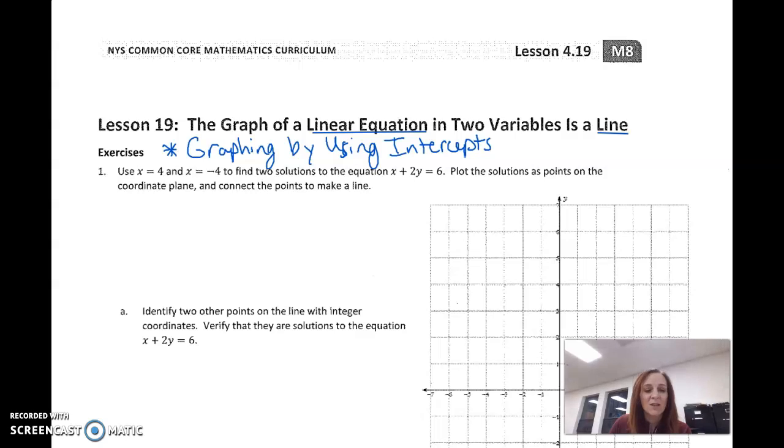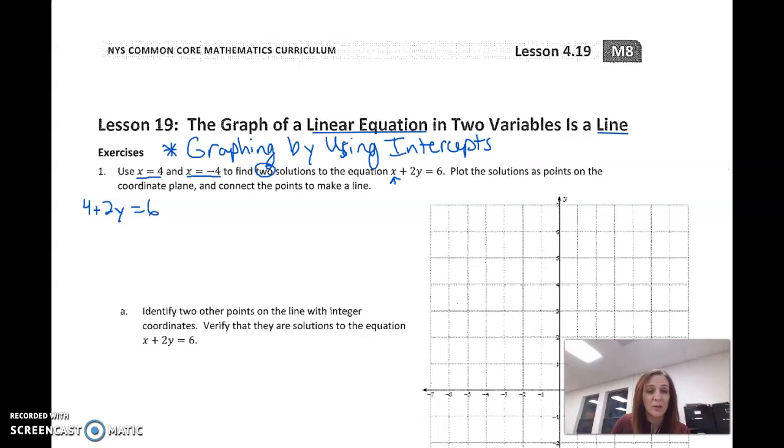All right, this first one says use x equal to 4 and x equal to negative 4 to find two solutions to the equation x plus 2y equals 6. Plot the points on the coordinate plane and connect the points to make a line. I'm going to plug in 4 for x: 4 plus 2y equals 6.